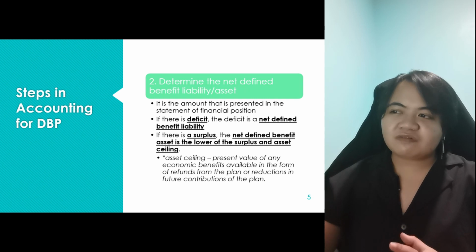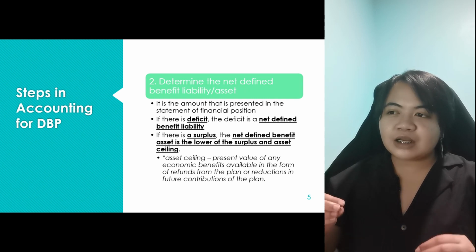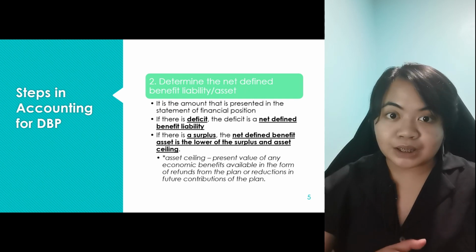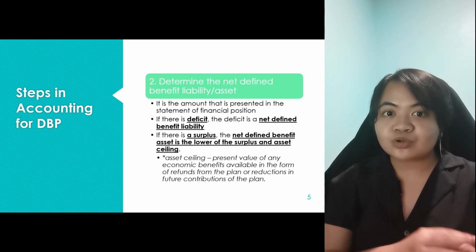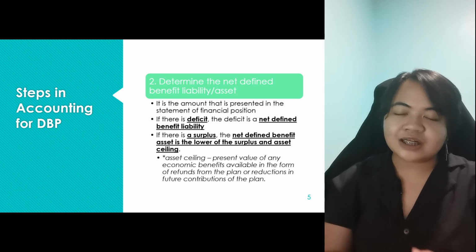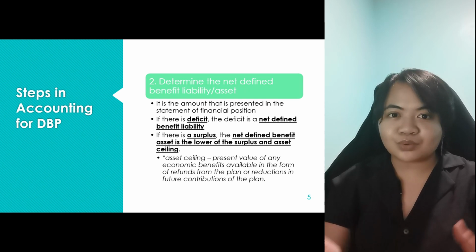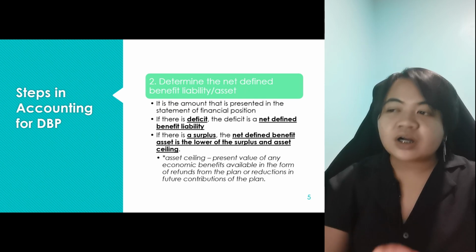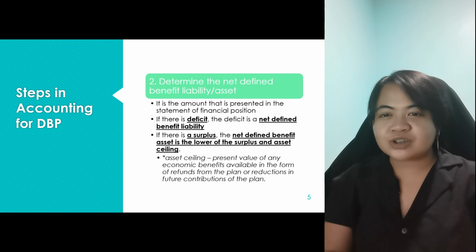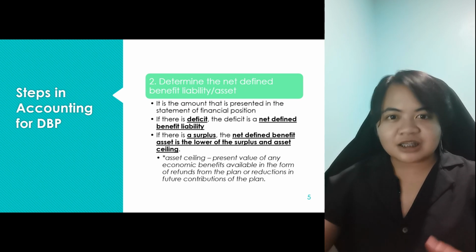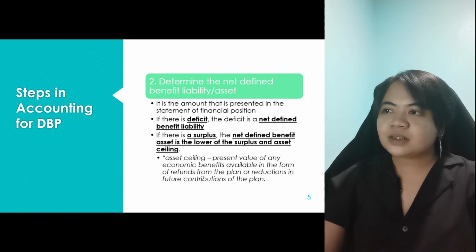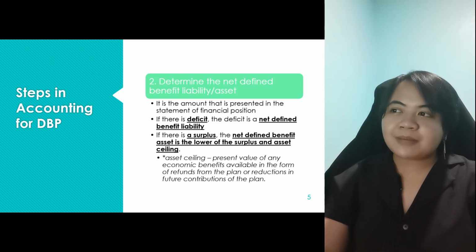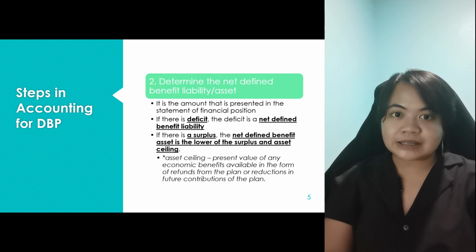Sabi dito, this is the present value of any economic benefits available in the form of refund from the plan due to certain reasons na-experience sa performance ng investment doon sa financial institution, or reductions in future contributions kasi maganda yung performance ng investment, aka the retirement fund. Okay? Yan. So, ito po ay pinapasok sa balance sheet, yung net defined benefit liability or asset.